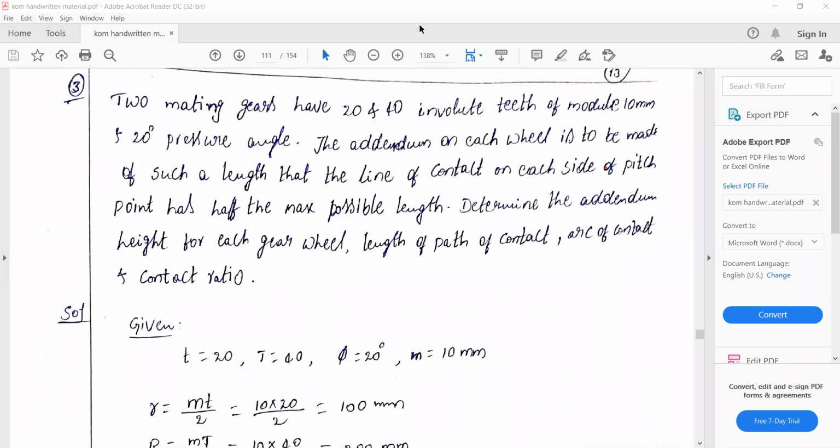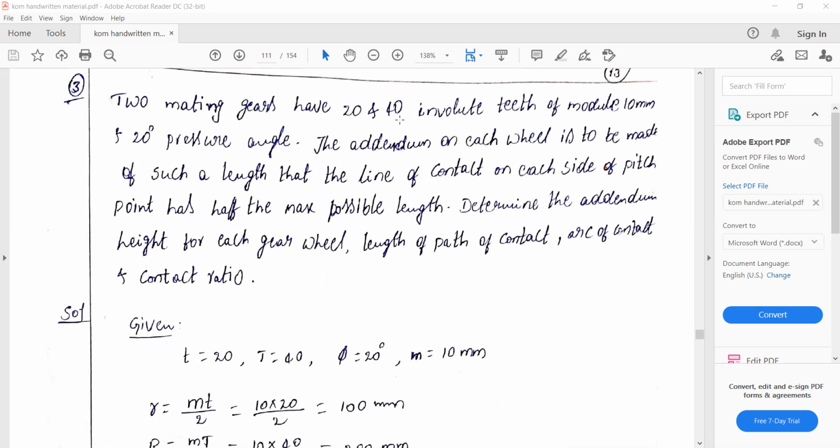And now we will see the next problem. Two mating gears have 20 and 40 involute teeth of module 10 mm and 20 degrees pressure angle. Just all of you observe that.